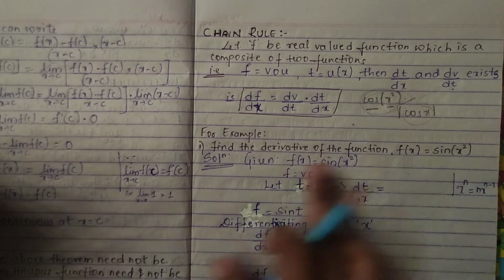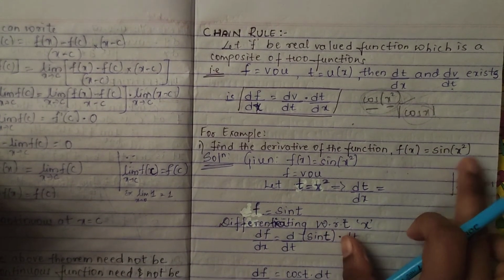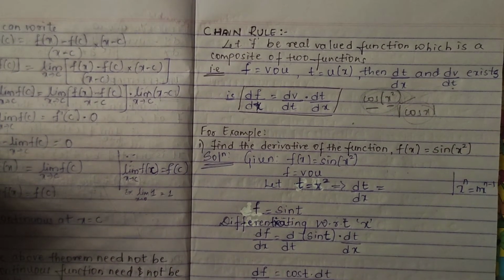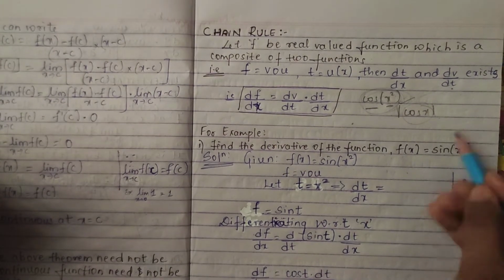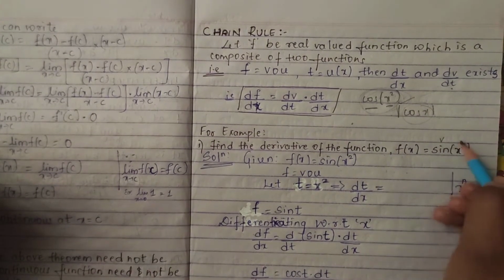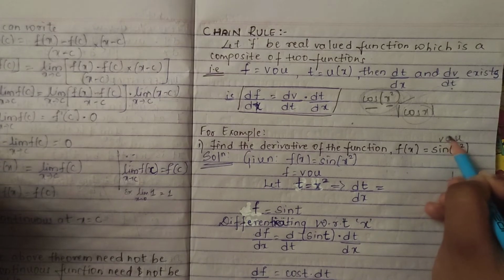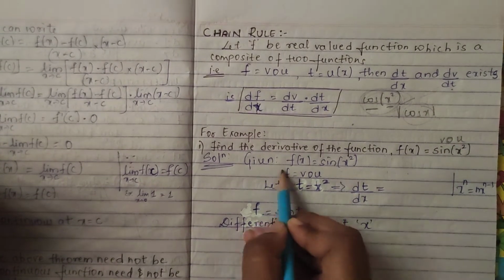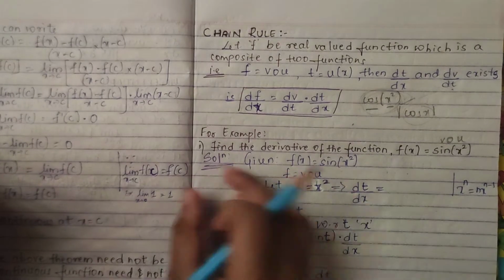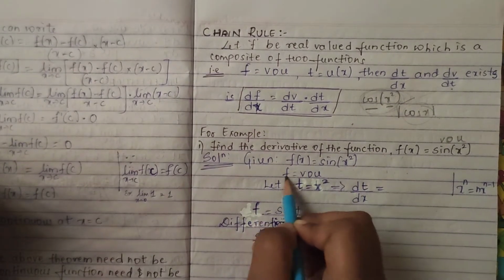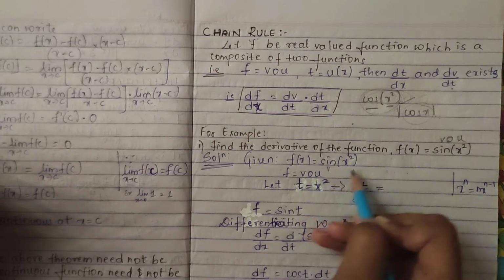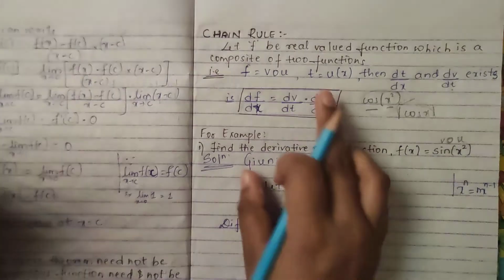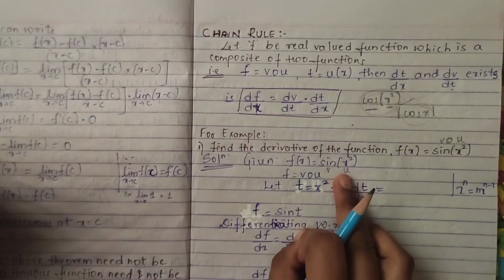Now for example, you have the function sin of x square. This is our composite, right? Suppose this is V and this is U, and the composite is V composition U. So I have written f of x equal to sin x square, which is V composition U. As they are telling, take U as t.